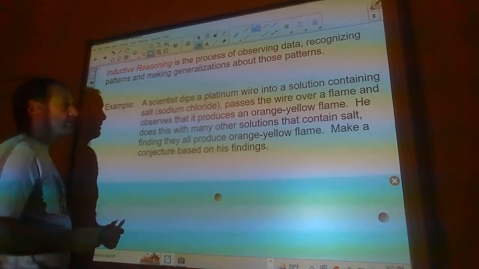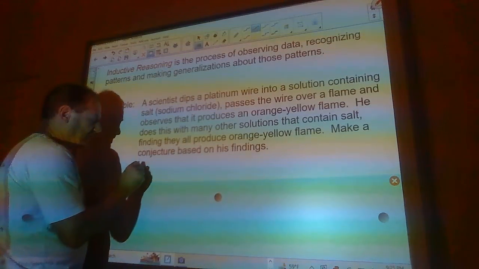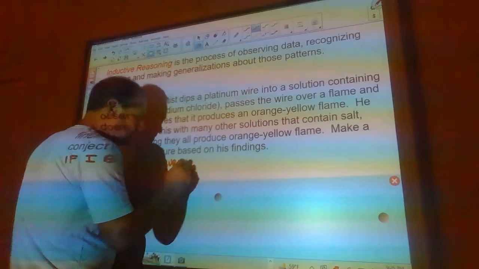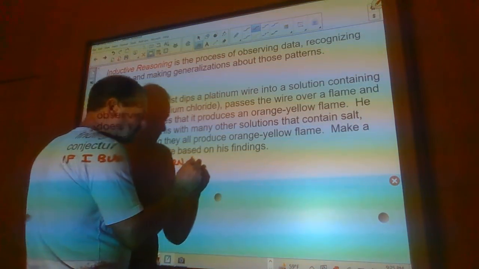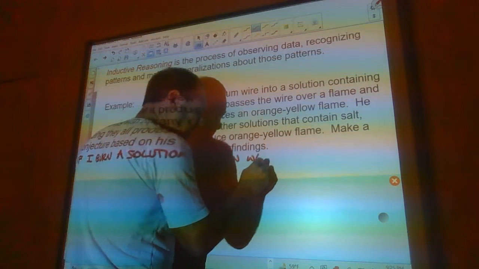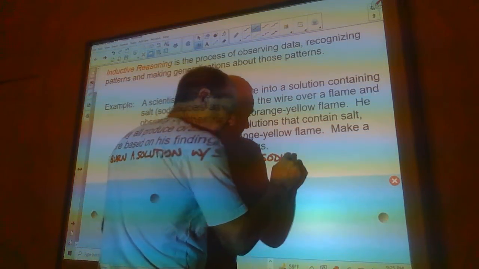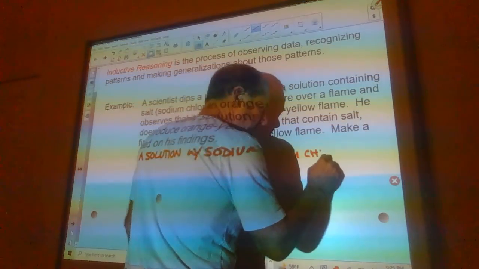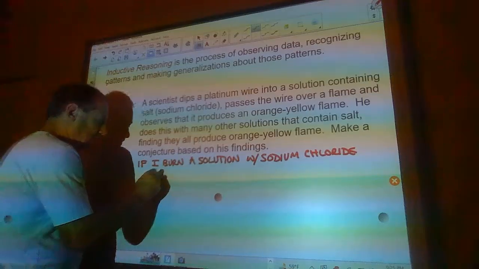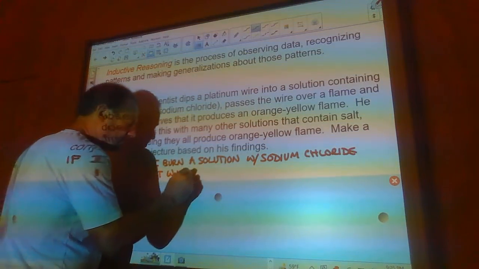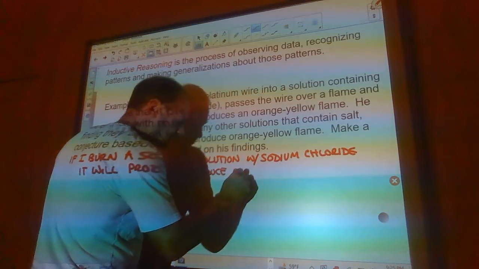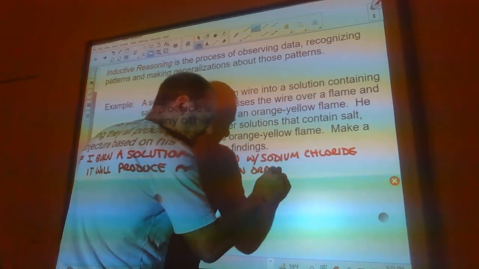Well, that conjecture would be, if I burn a solution with sodium chloride, it will produce an orange-yellow flame.